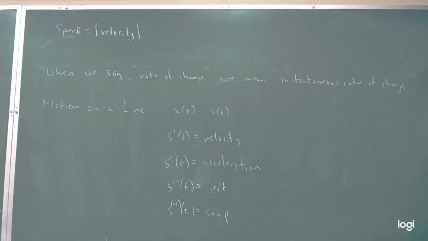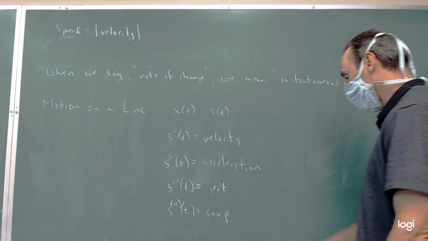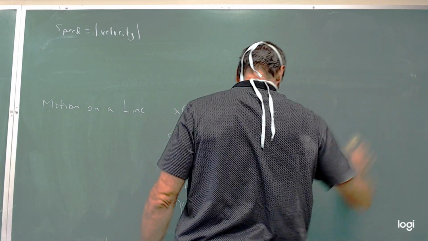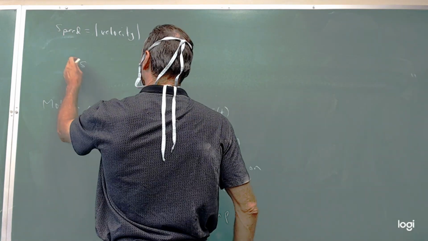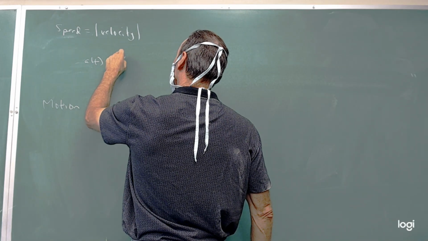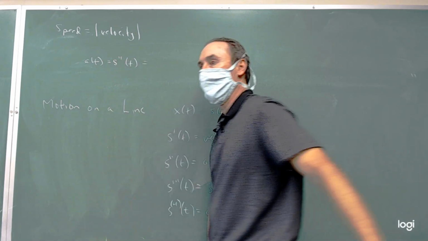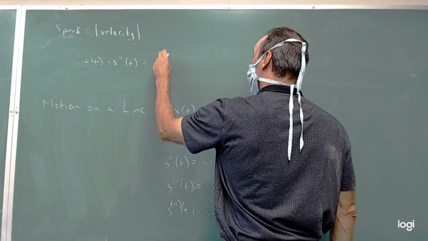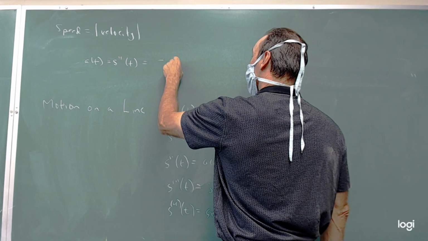And shall we just real quick derive our position function when we shoot something in the air? So we know that acceleration due to gravity, if we use the metric system, is going to be negative 9.8 meters per second squared.